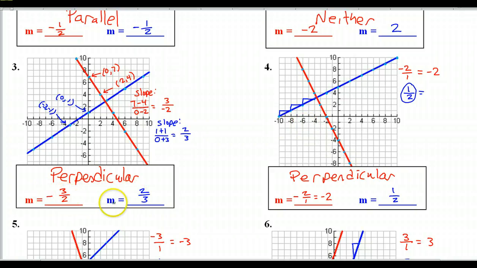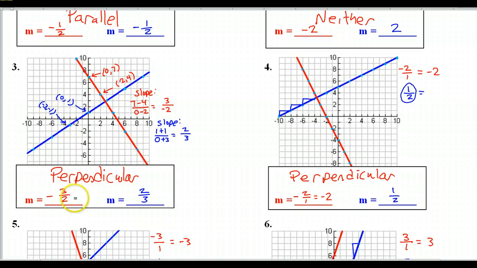So now what else is going on here other than the signs? 3/2, 2/3. How would you describe that relationship between 3/2 compared with 2 over 3? There's a word for that. What's that called? Can anyone remember? 3 over 2, 2 over 3.